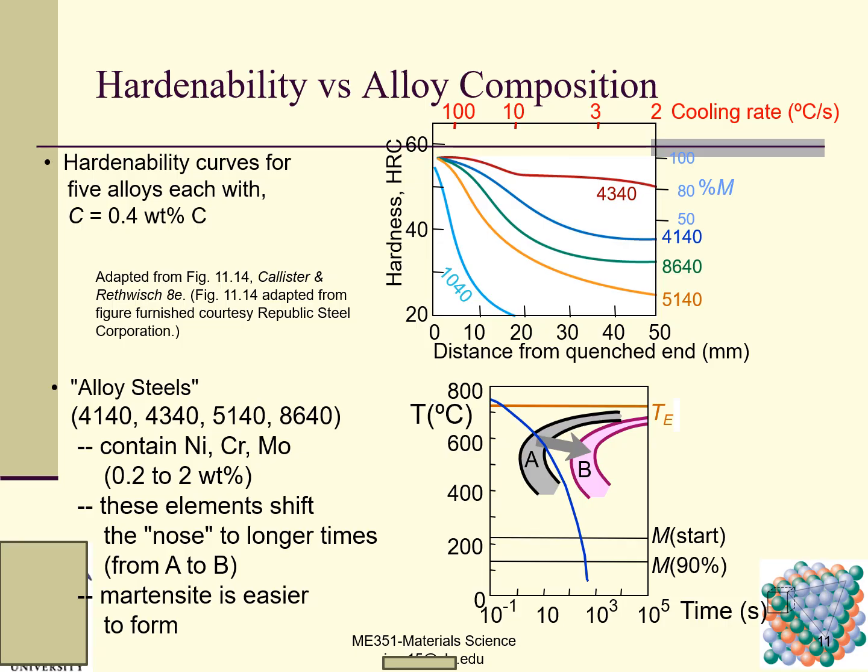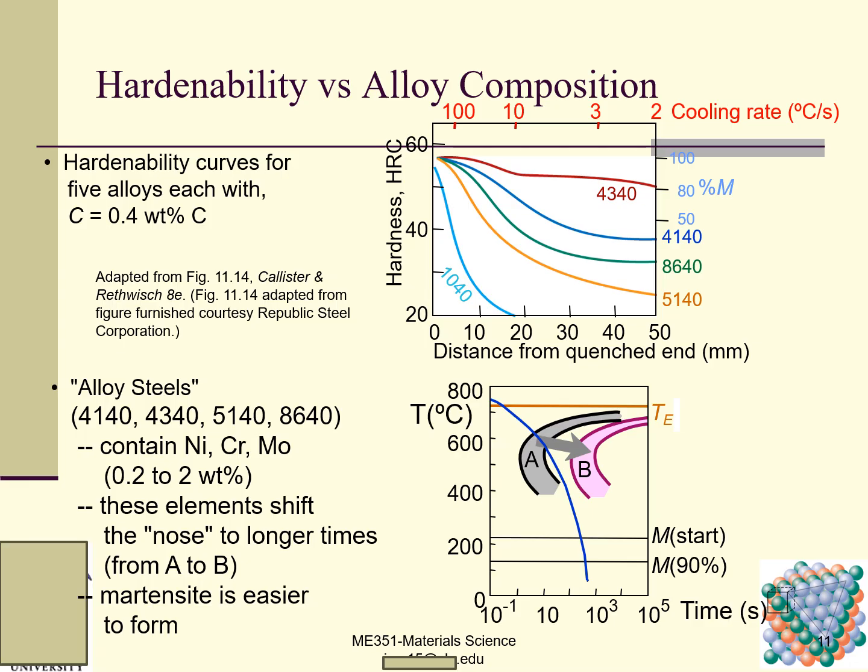As a result, even for a lower cooling rate, because of the existence of these alloying elements, the cooling rate can still avoid the nodes of the new phase transformation curve. Even with this lower cooling rate, I can still get martensite. So this is the significance of the alloying elements.